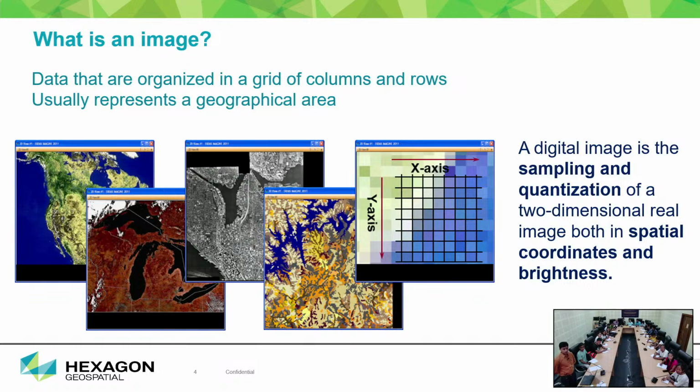Okay. So what is image data? These data are organized in a grid of columns and rows, usually representing a geographical area. When somebody is talking about geographic data, you have to understand that this data should have latitudinal and longitudinal graticules, and each graticule has some value, called the DN value, digital number, and these digital numbers represent each earth surface feature.